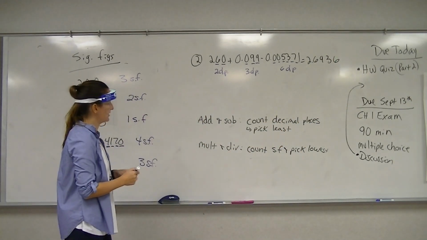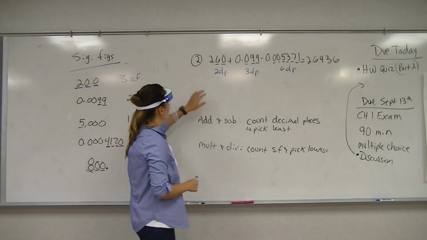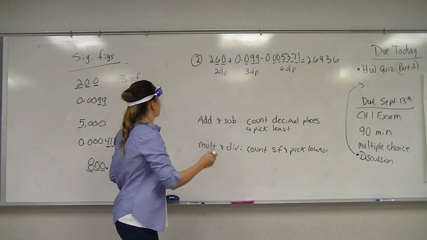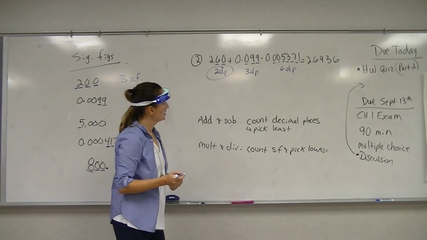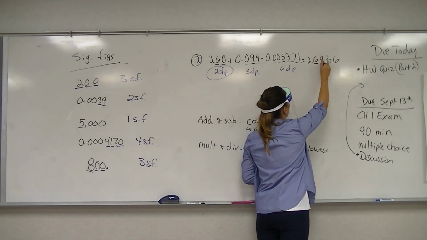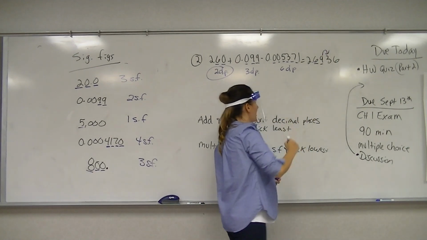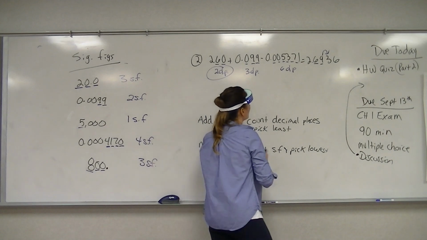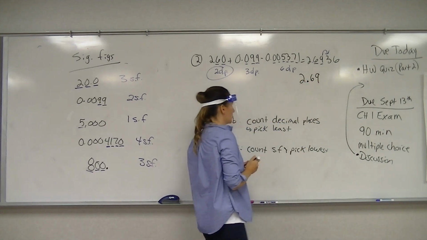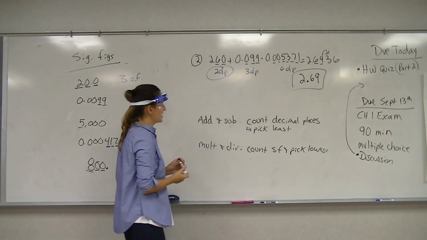But I'm going to stop there because I won't have to go further than that. So what we want to do is pick the smallest, always the smallest. Which number is the smallest for decimal places? 2. The 2 decimal places. So I'm going to start at the decimal and count 2 places out to the 100th spot. Look to the number next to it. Does that stay a 9 or round up? It's going to stay a 9, so I get 2.69. So this is the correct answer to 2 decimal places.